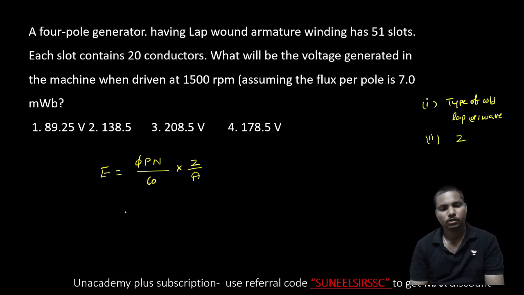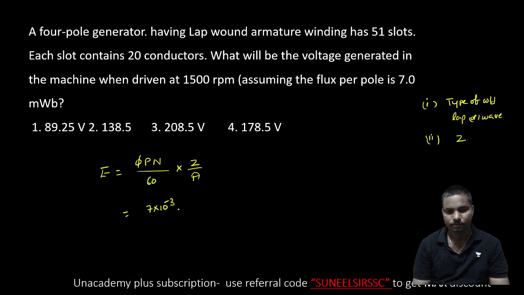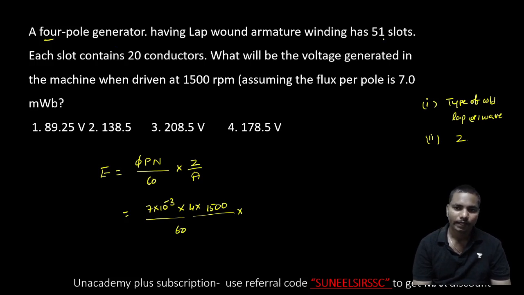Here flux is 7 milliweber, 7 into 10 power minus 3. Number of poles, 4-pole generator. Speed 1500 rpm by 60 into number of conductors. It has 51 slots, but each slot contains 20 conductors, so total conductors are 51 into 20 by A. Which type of winding here? Lap winding, in the sense A is equal to P, that is also nothing but 4. This one is cancelled out.